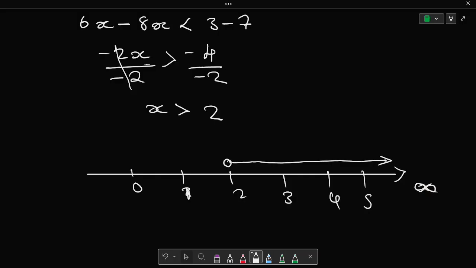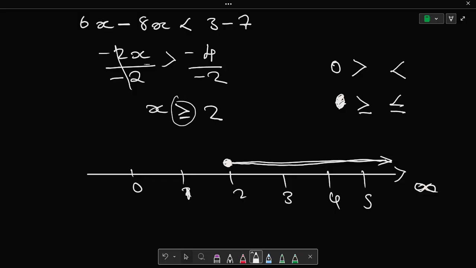If it was saying that x is greater than or equal to 2, we would have had a closed circle. Remember those things that we talked about: an open circle, you use it for greater than or less than. Closed circle, you use it for greater than or equal to or less than or equal to, and the direction of the arrow will depend on this.